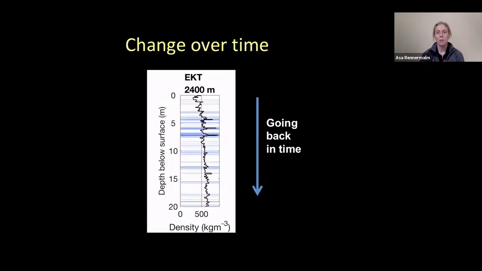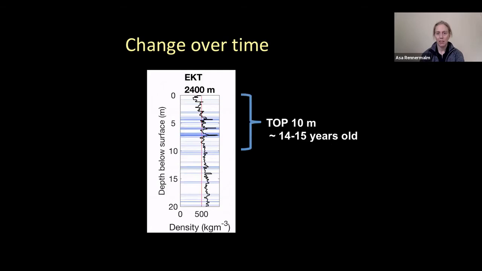Okay, I'm going to show you one more evidence of change over time. What's so cool about cores is that the deeper you go, the further back in time you go. So by just comparing the top part of the core with the bottom part, you can look at change over time. This is what I'm going to show you now.